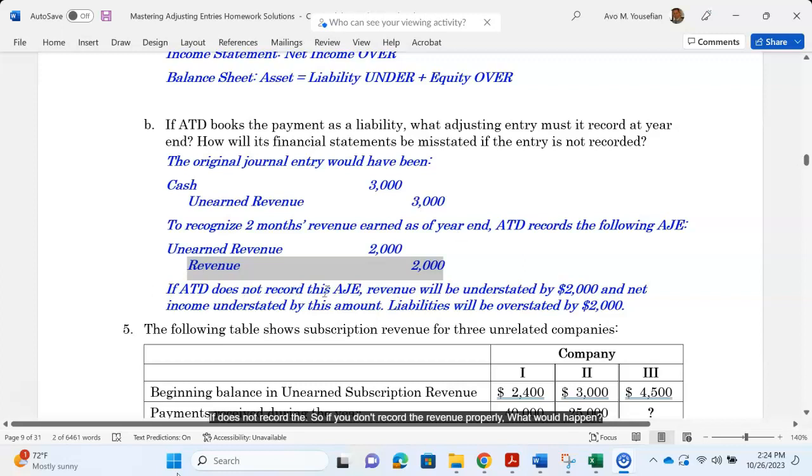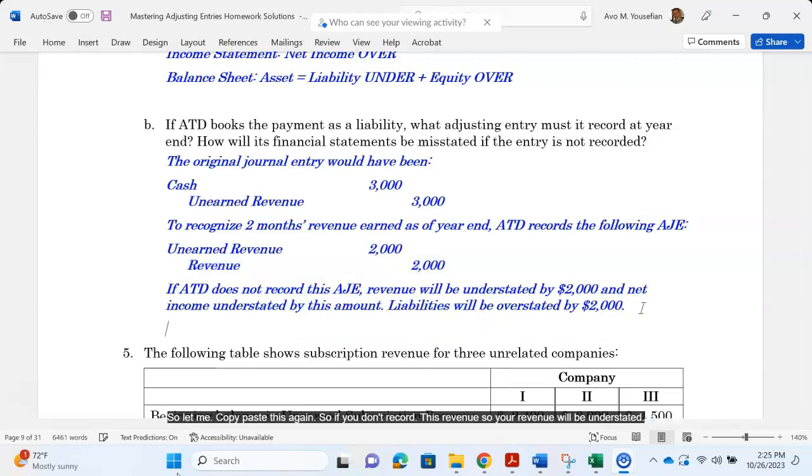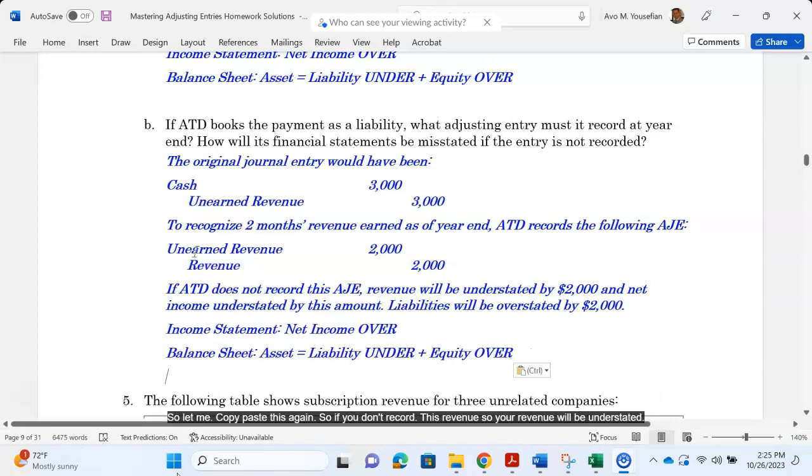So if you don't record the revenue properly, what would happen? So let me copy paste this again. So if you don't record this revenue, your revenue will be understated.